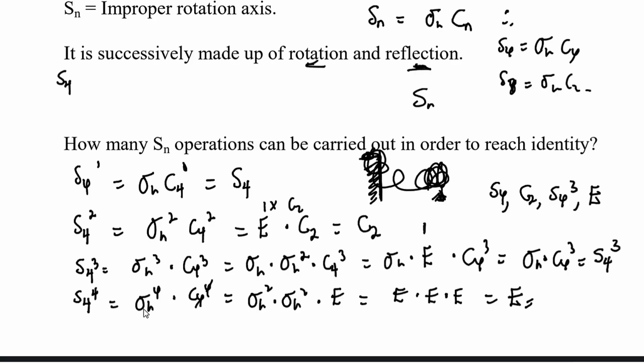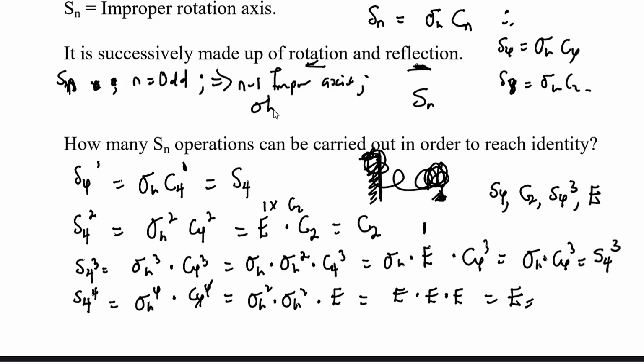So there's also a shortcut to get the answer in this case. So you can also say that when n is odd, it gives n minus 1 improper axis, right? And then it gives sigma h. It also gives n minus 1 proper axis and identity.